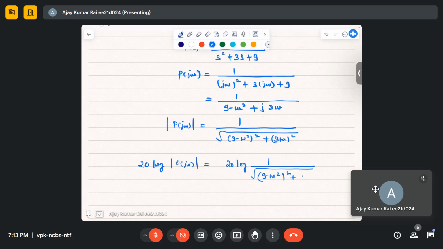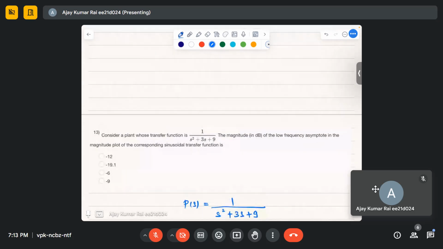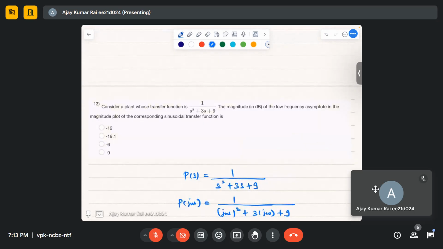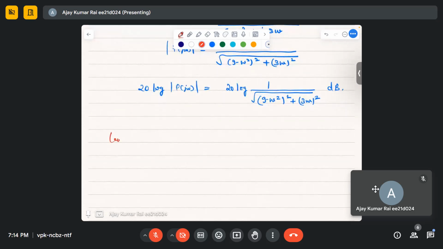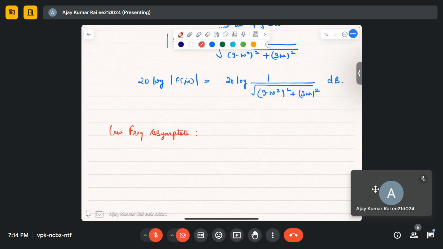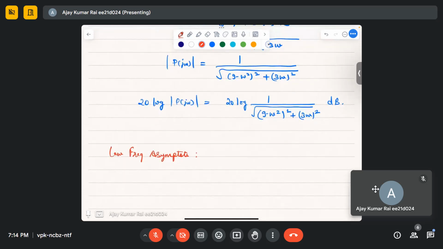So this is in dB. In the question, what is asked is the low frequency asymptote, so omega is very small, closer to 0, we can say.